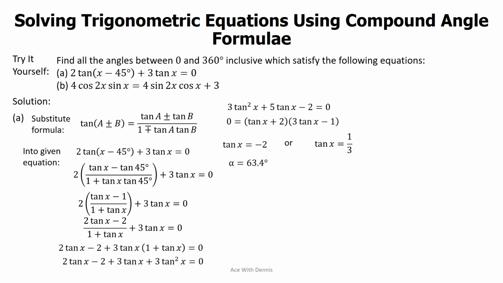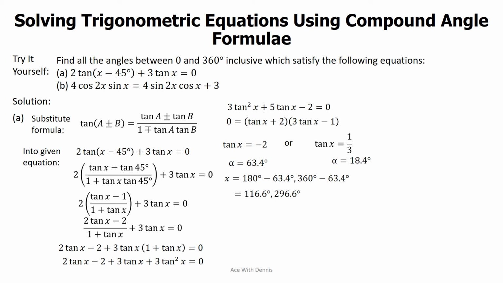Therefore, the basic angle is 63.4 degrees. And it is in the second and the fourth quadrant because tangent is negative. Hence, x is 180 degrees minus 63.4 degrees, 360 degrees minus 63.4 degrees. The answer is 116.6 degrees and 296.6 degrees.